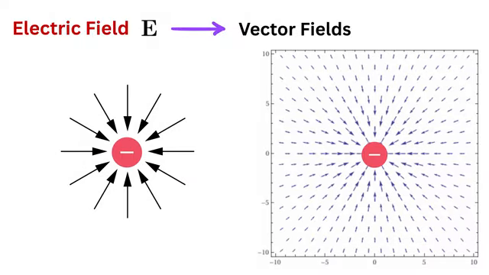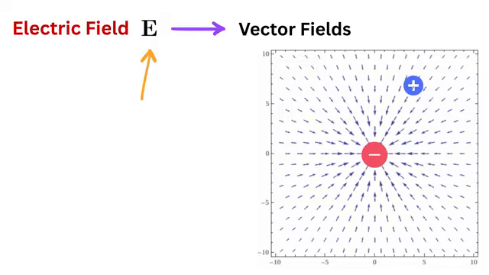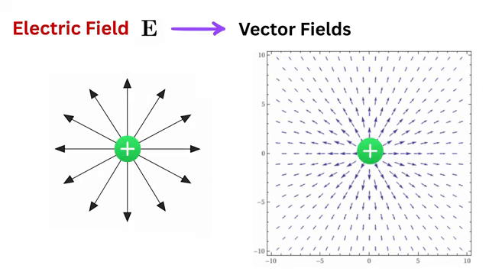Similarly, around a negative charge, the electric field lines all point inward toward the charge, showing that it pulls a positive test charge toward itself from every direction. We use the letter E to represent this electric field. This vector field doesn't really exist physically, as it is just a visual tool to help us understand where the electric force points and where it is strong or weak.